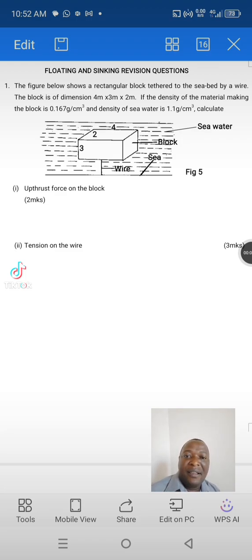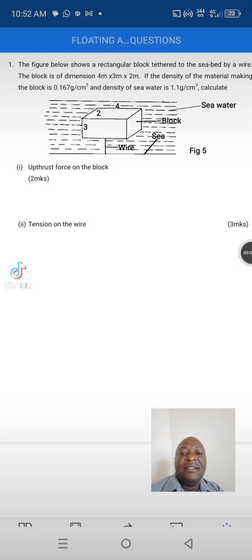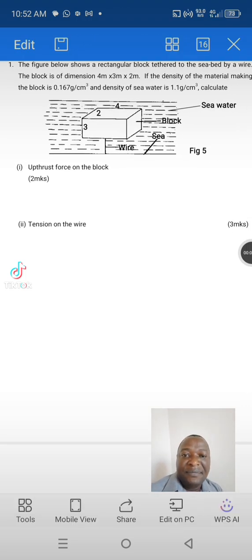From there, we need to find the weight of the seawater displaced. And weight is given by mass times the acceleration due to gravity.